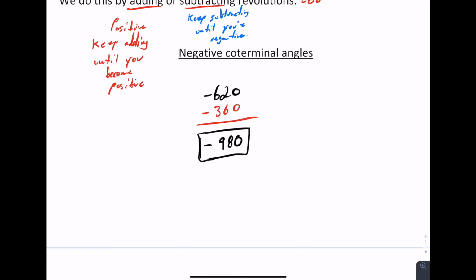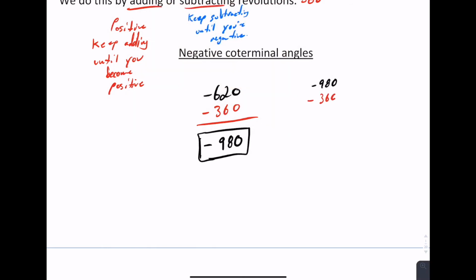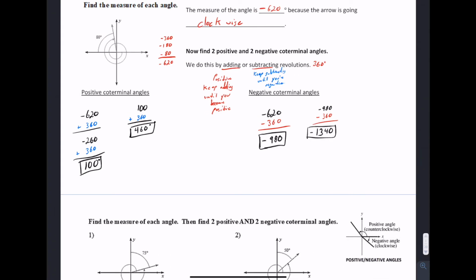And then if we want another negative coterminal angle, we just subtract another 360. And so we have negative 1340. And that's how you get your two positives, two negatives.